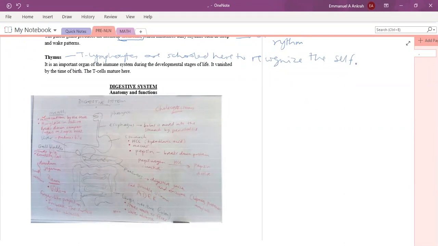Look at page 223. It's diagrams number 29, 30, and 31.